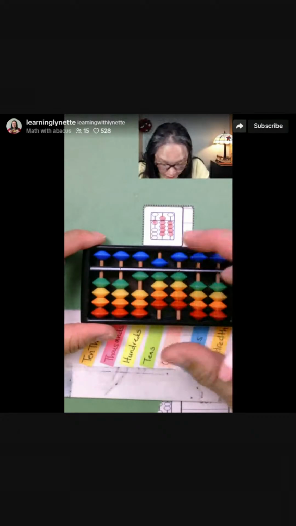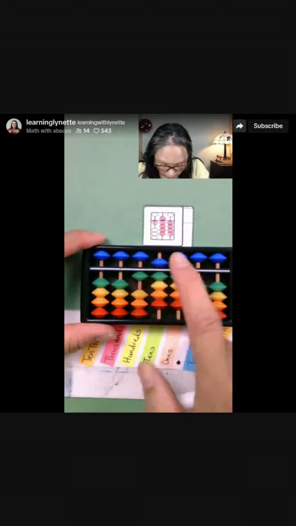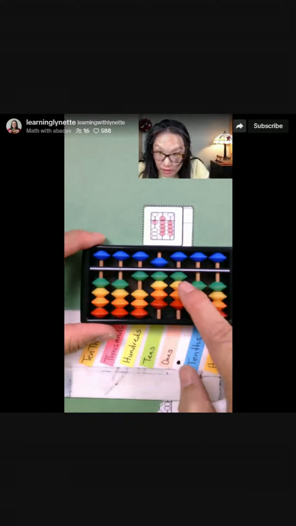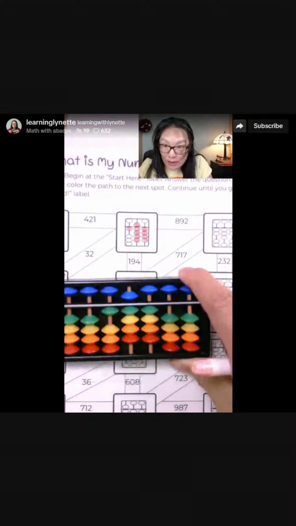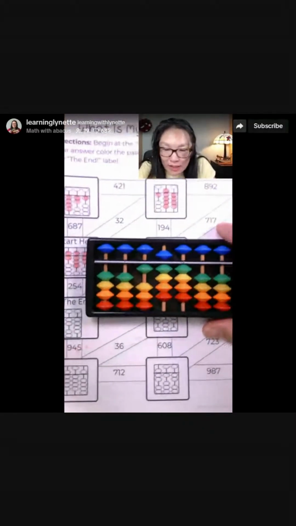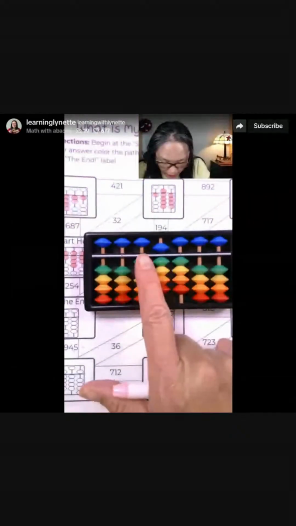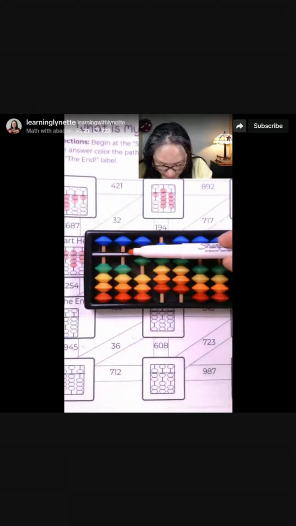So we have 190, 5, 6, 7, 8, 9, and then 4. 1, 2, 3, 4. Very close. Thank you so much, Johnny, for participating. I don't have a participating trophy for you. So I have 194. And anytime the beads are touching this horizontal bar, it's being counted.